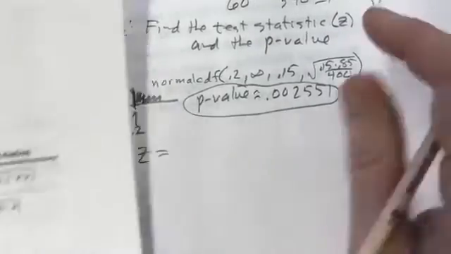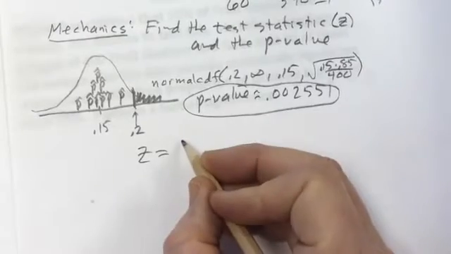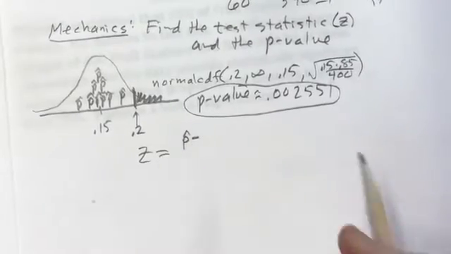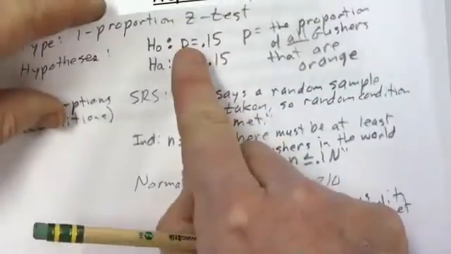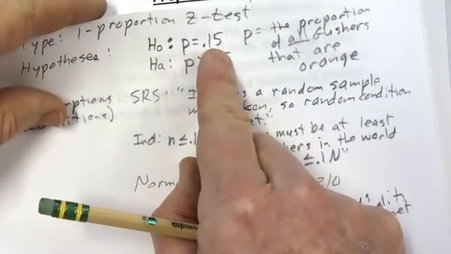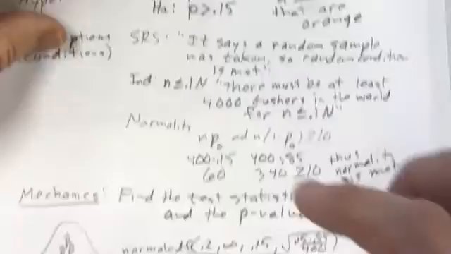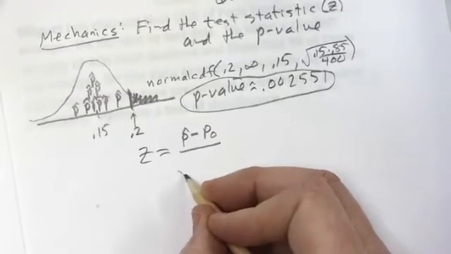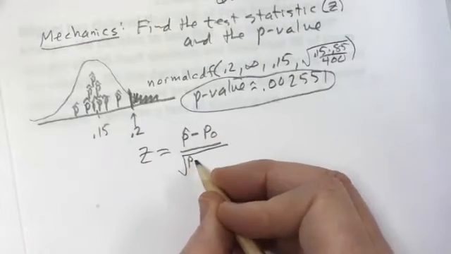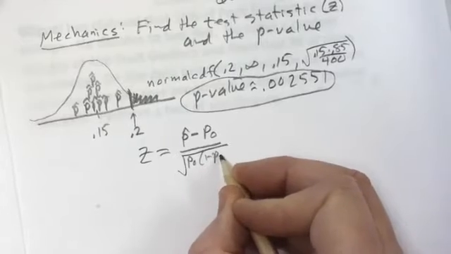And our sample statistic is p hat minus, in essence, our parameter. Well, our parameter is p, but we're assuming that it's 0.15, right? So it's going to be our p naught.